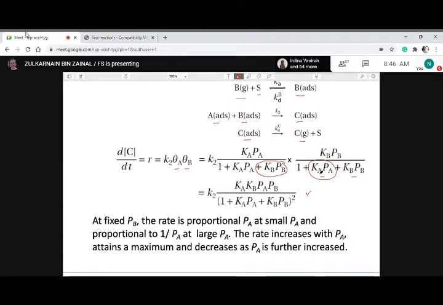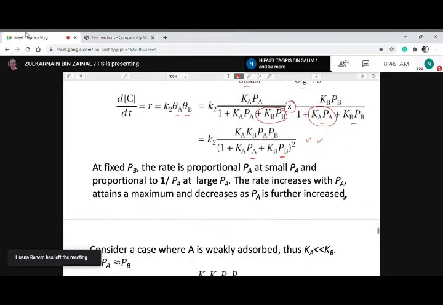Then you multiply them together, and you get the last equation for the rate of the reaction. So the rate of the reaction will depend on the partial pressure of A and B. So then we have got to know the partial pressure of A and B.